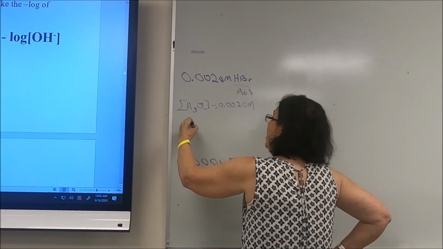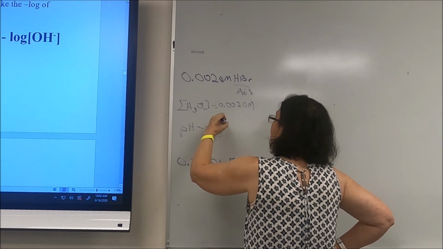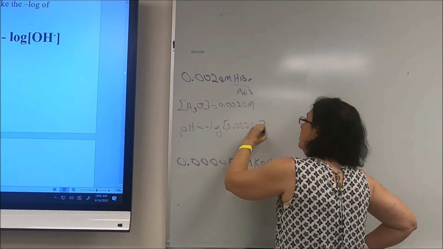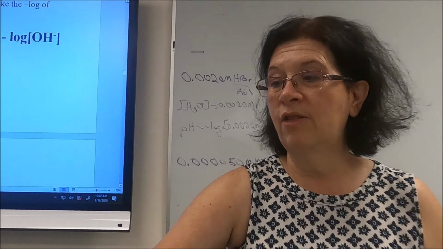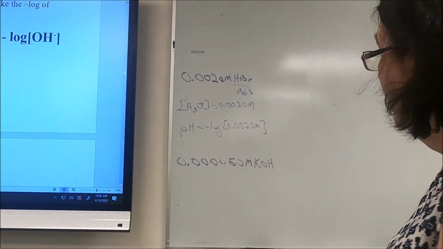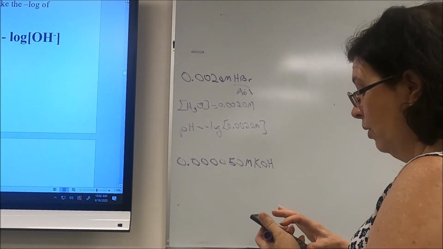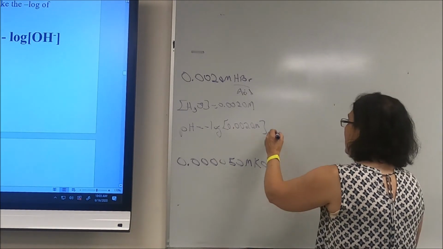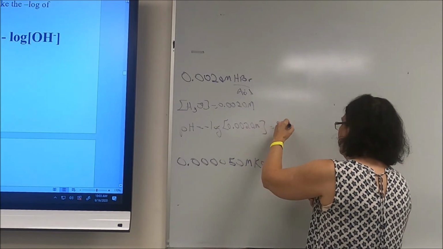That means that the pH is going to be the negative log of 0.0020 molar. So let's do that. 0.002, not natural log, just log. It gives me a pH of 2.70.